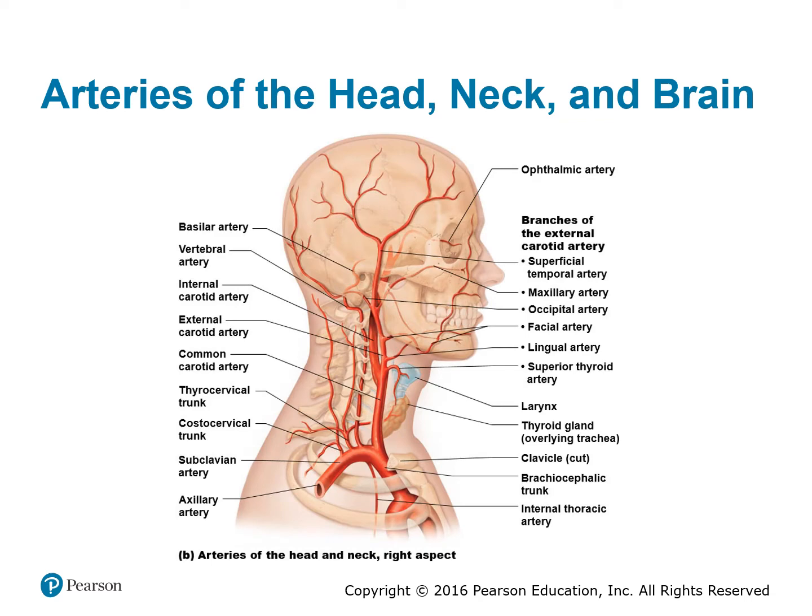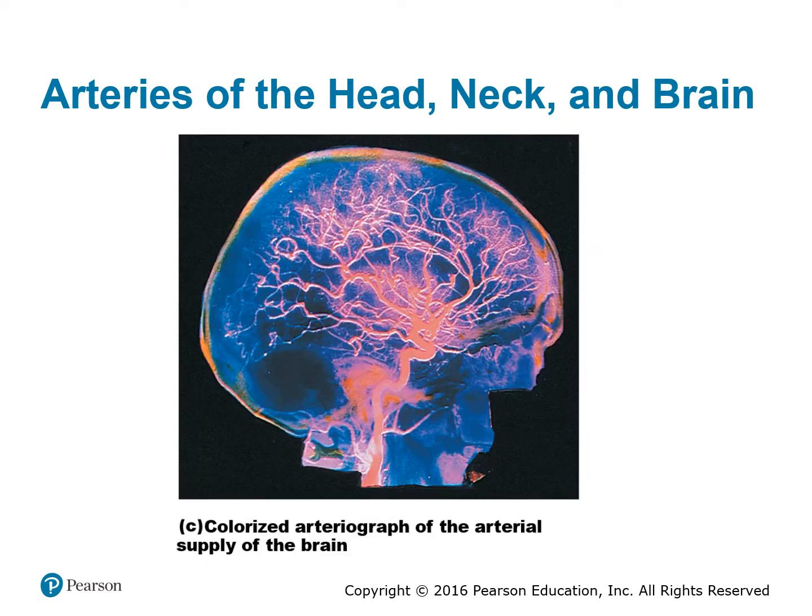Another overview for you here. So with any of these, go ahead and pause and take your time to see where things are. This one I thought was a cool picture in the book, a colorized arteriograph of the arterial supply of the brain. It looks like a tree or coral.